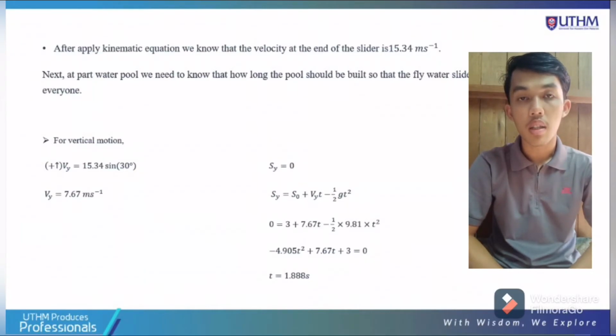To calculate the time, we assume Sy equals 0 and we use S equals S0 plus Vt minus 1/2 g t squared, and the answer is 1.888 seconds.